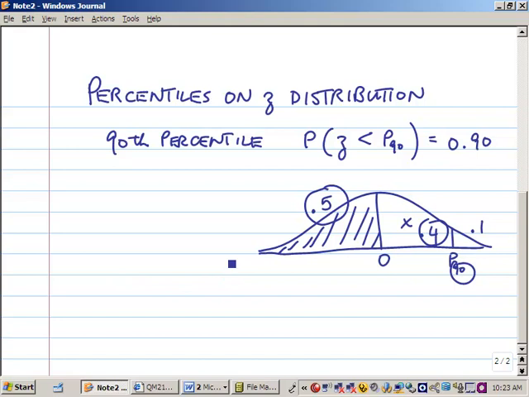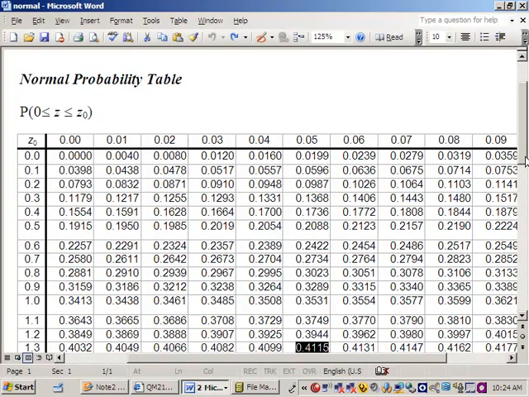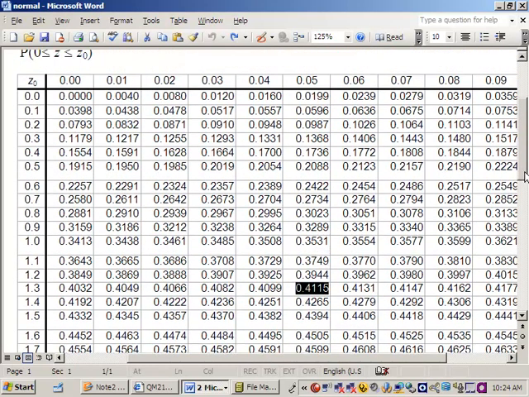Oops, let's try to draw a straighter line than that. So we're going to go to our Z tables and look for the number closest to 0.4, and that will tell us the Z value. I said that's just the closest one. The numbers are sequential, so it's not that hard to find.